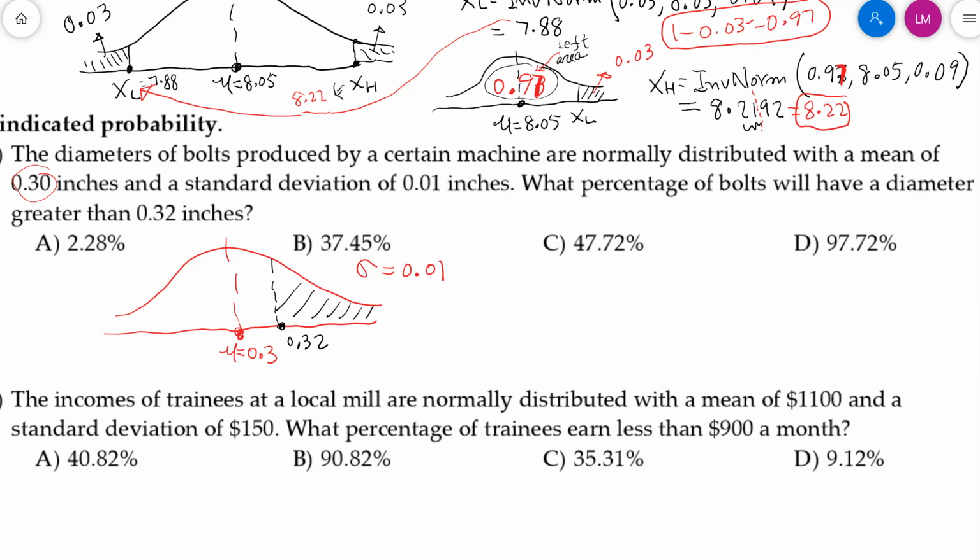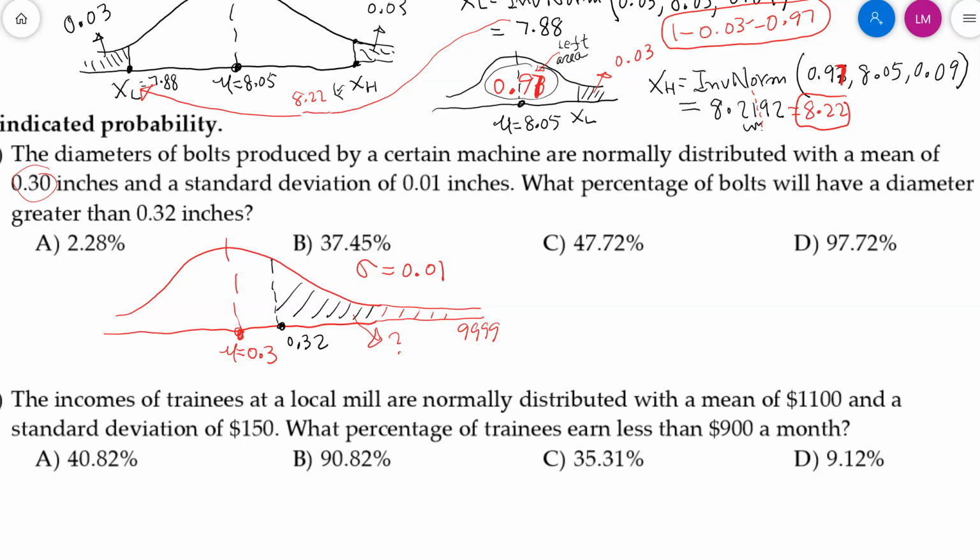Remember, all the way, what number is all the way? 9999. We're trying to find the probability, so we don't use inverse norm.